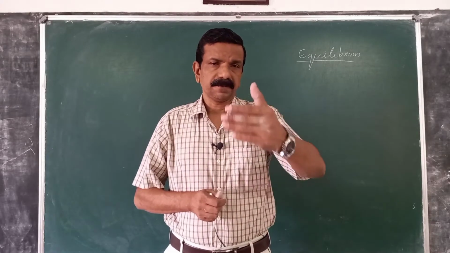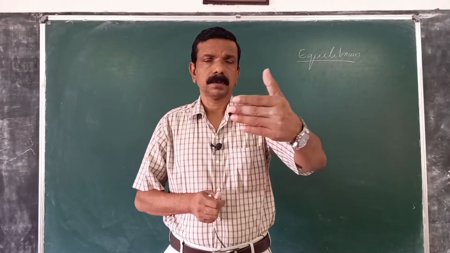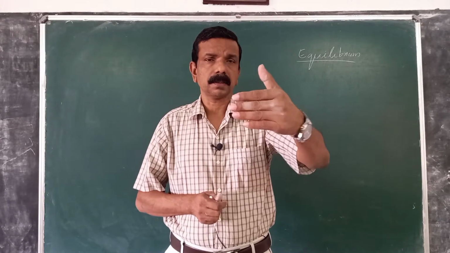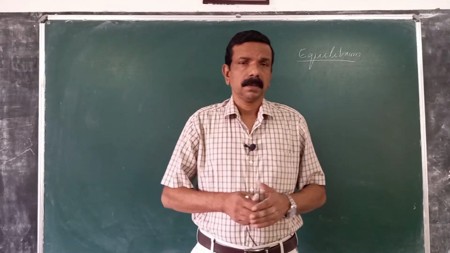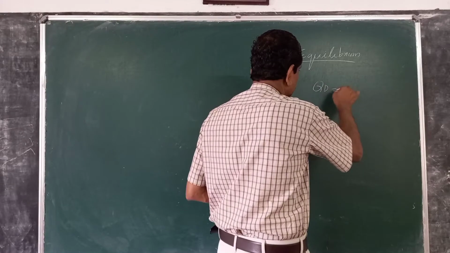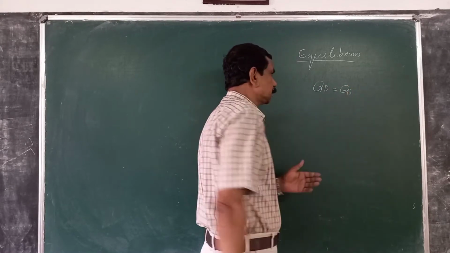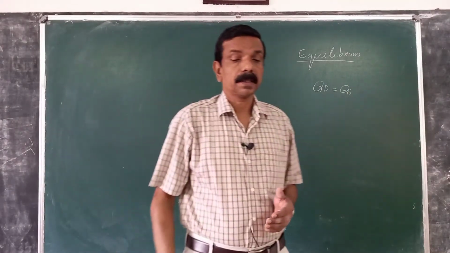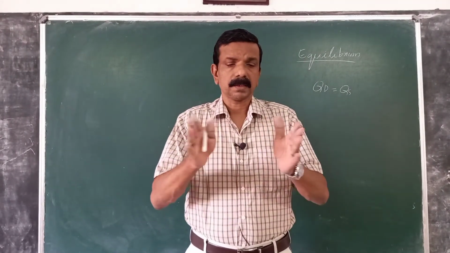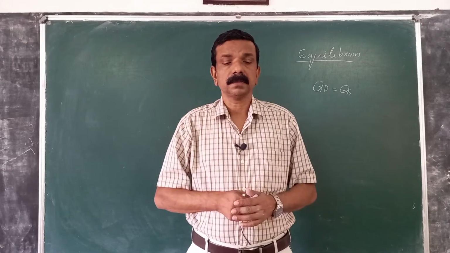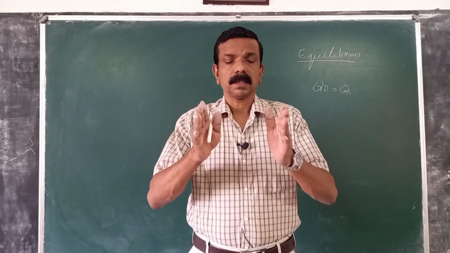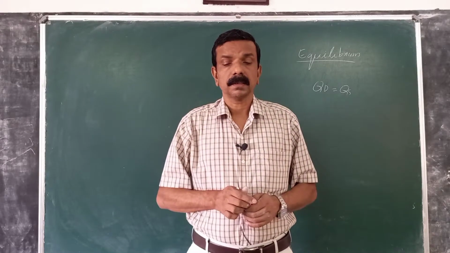In the context of a commodity or a service, equilibrium is defined as a point where quantity demanded is equal to quantity supplied. It occurs when quantity demanded is equal to quantity supplied.